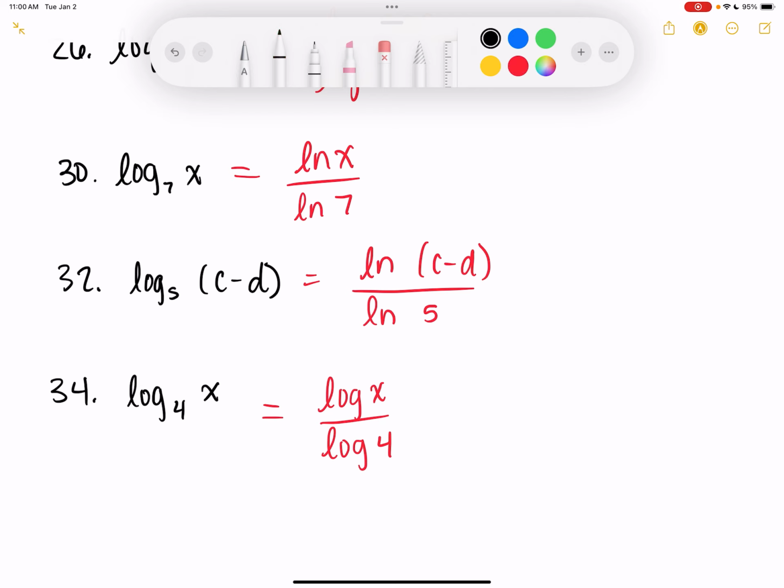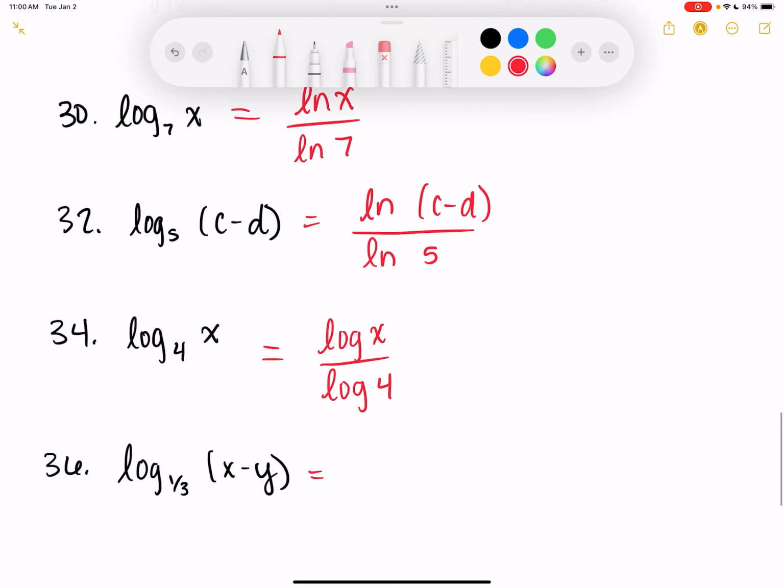And last one, log base 1/3 of x minus y would be what? Log of x minus y over log of 1/3. Yep.